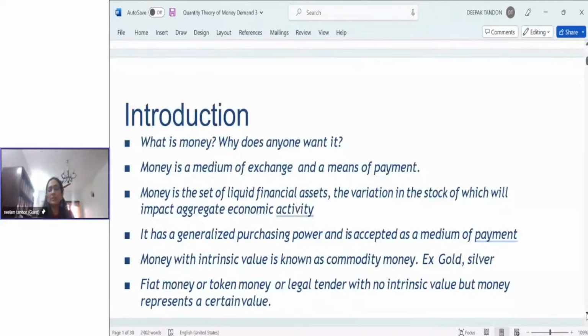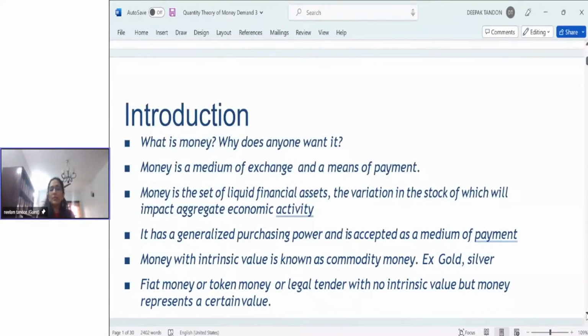This is known as the coincidence of want, which was lacking in the barter system. Two people should have the same want, or exchange of want, that can lead to a transaction from apple to rice, from rice to apple. But now it has got simplified because money is in existence. So money is a medium of exchange. You can buy any good, any service, anything through money. So the first function of money is that it is a medium of exchange.